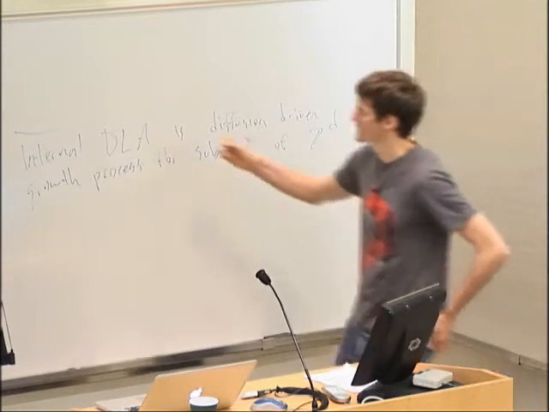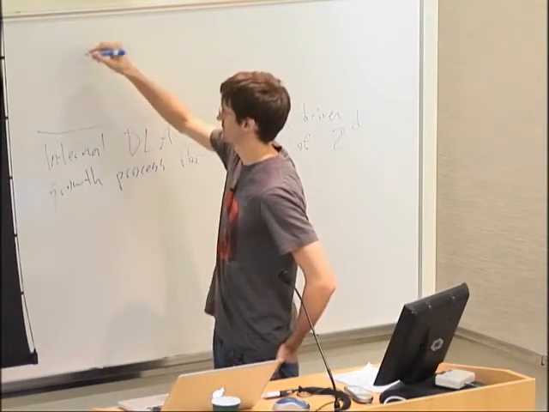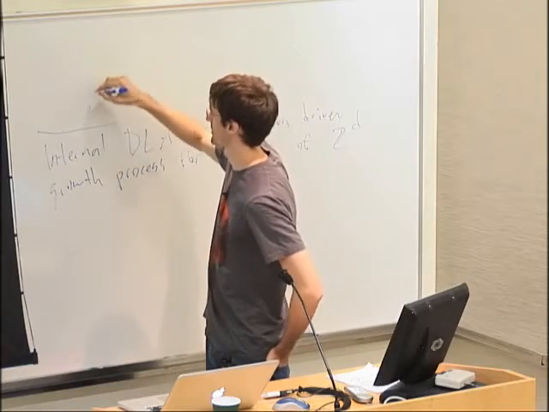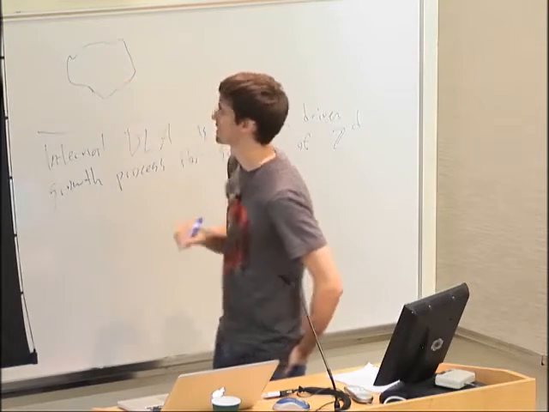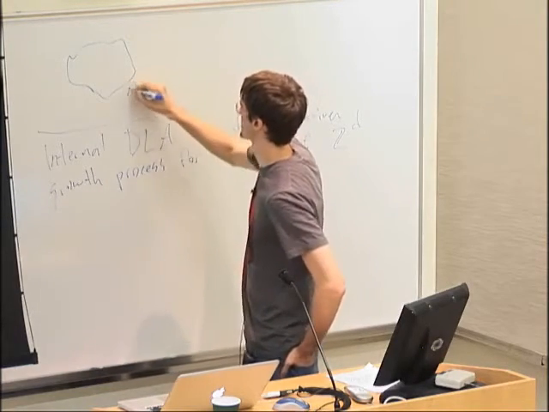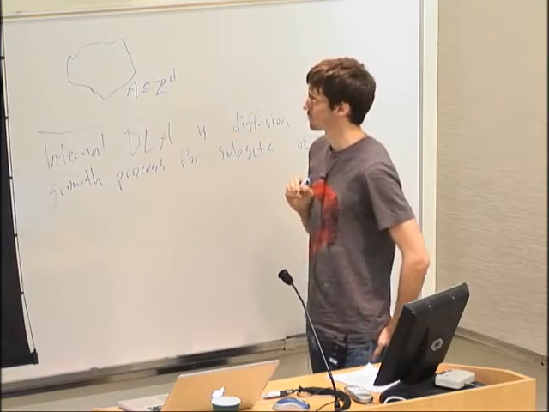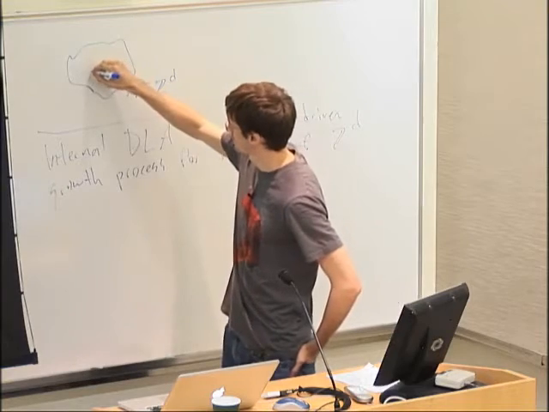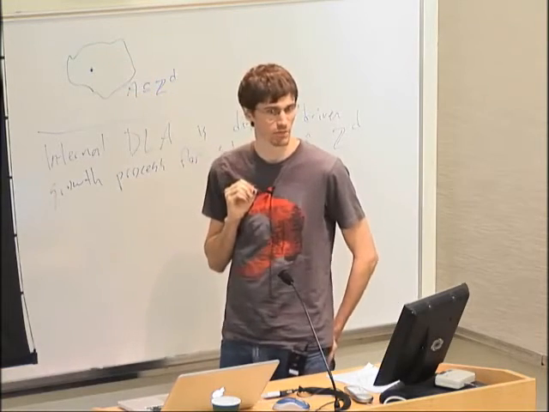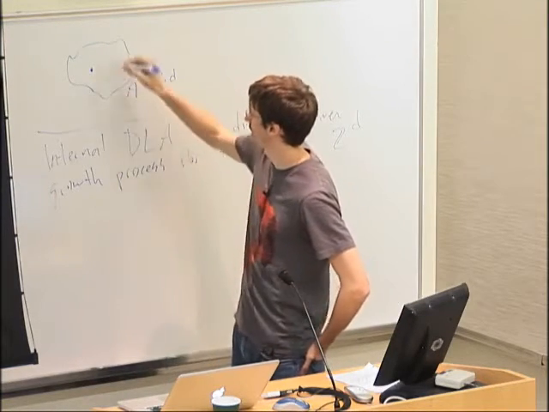So what's the idea? You take some subset of the lattice. I can only draw two-dimensional pictures, but the idea is you have some subset A of Z^d. You grow this set by dropping a token on one of the vertices inside and then running a random walk.